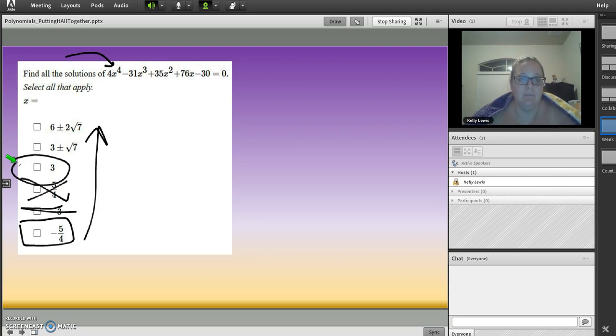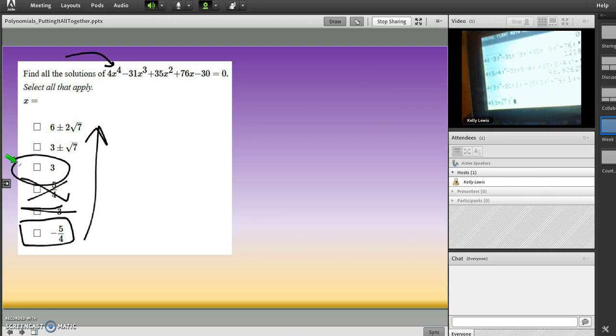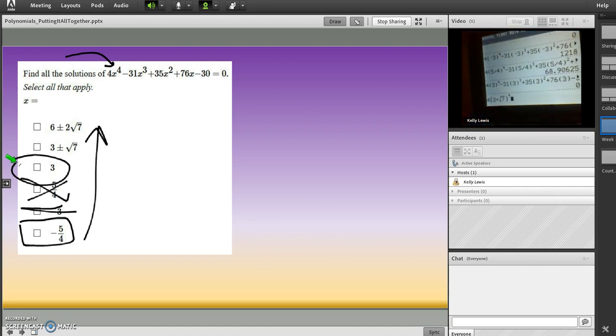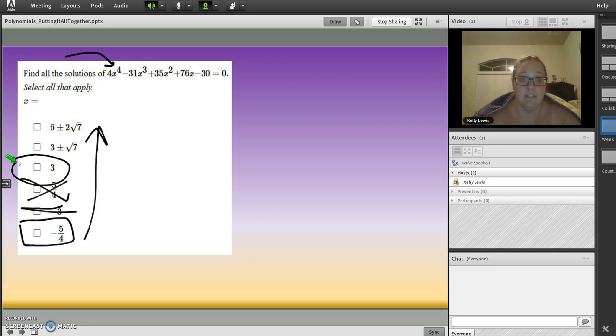So I'm going to type in 4 parentheses, 3 plus square root 7, up 4, literally typing it in just like that.